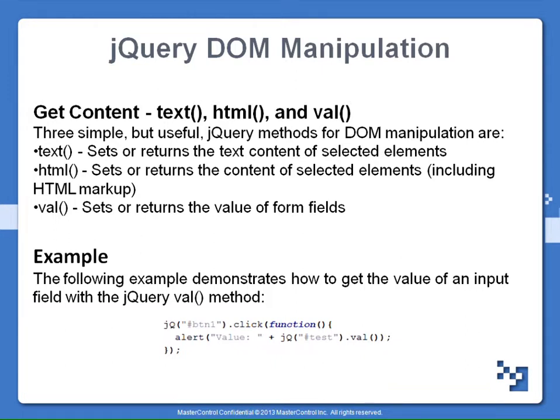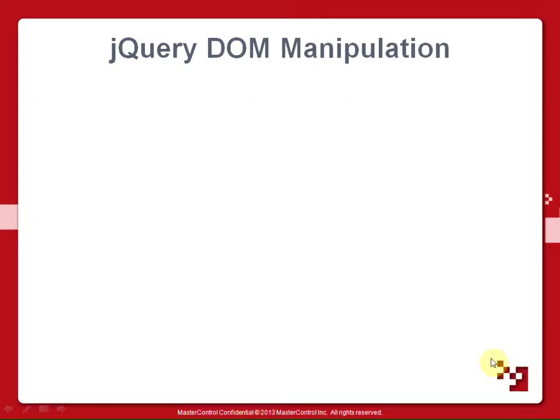So basically, when I click the button, a pop-up message is going to come up and it's going to say value, colon, and then the actual value of what's in the element called test.